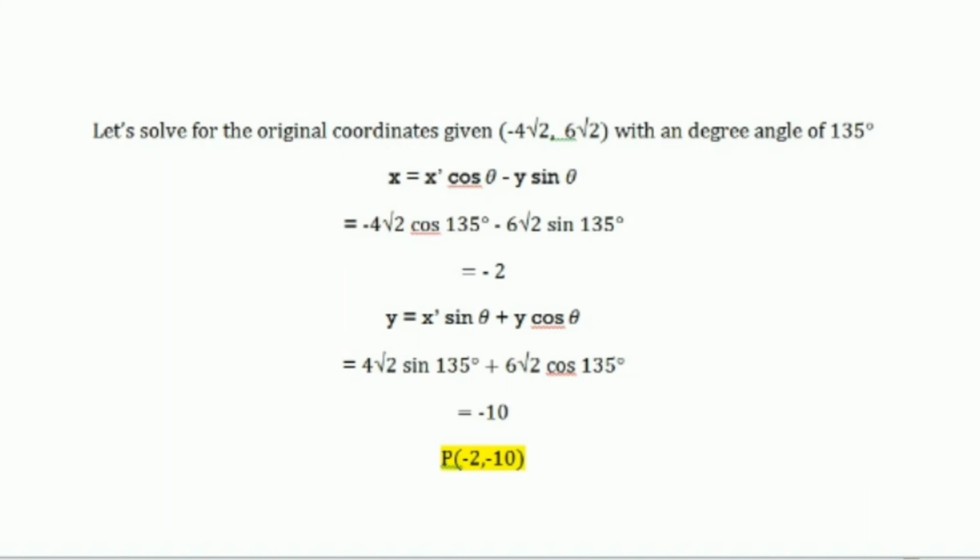Substitute ulit. Kaya naging negative 4 square root of 2 sine 135 plus 6 square root of 2 cosine 135. Ang answer magiging negative 10. So, ang original coordinate natin for this given is negative 2, negative 10.